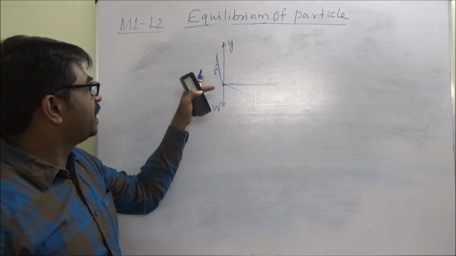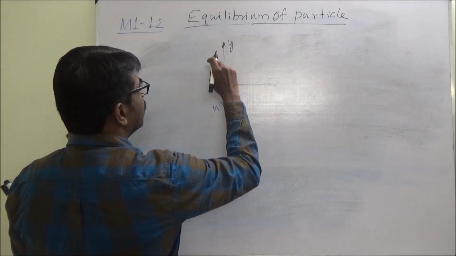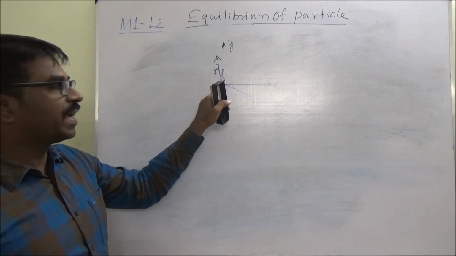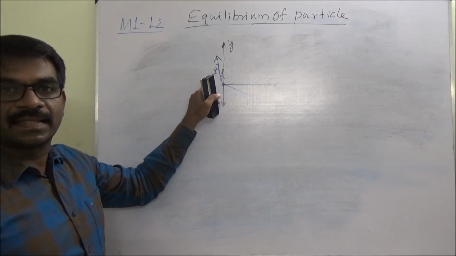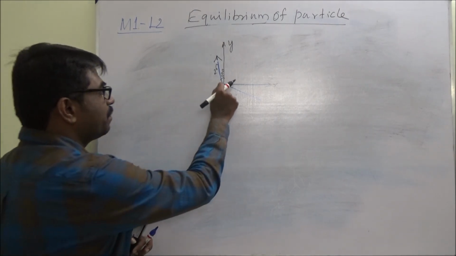It is having 2 degree, so this will be 2 degree, and it is a rope, so the direction is away, and we are considering this as the point, this as the particle.